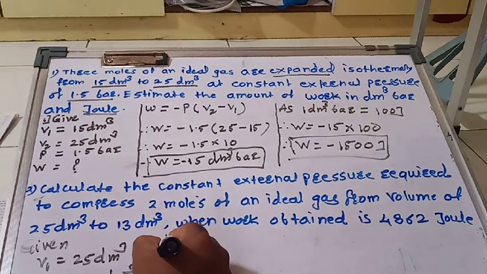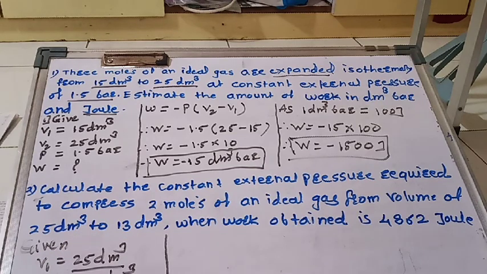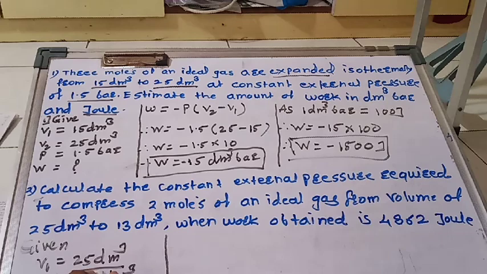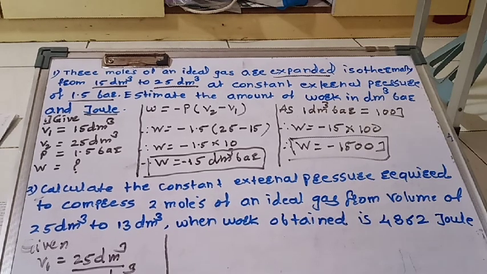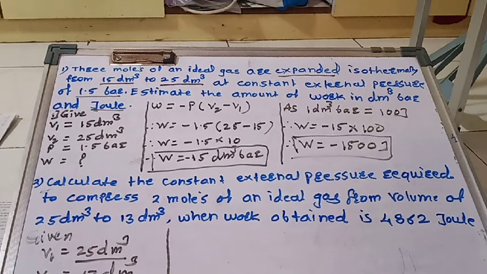As this work is given in joule but volume is in decimeter cube, so first either convert this joule into decimeter cube bar by dividing by 100, or you can convert this volume into meter cube, because if volume is in meter cube and pressure is in Pascal or Newtons per meter square, then you will get answer in joule.